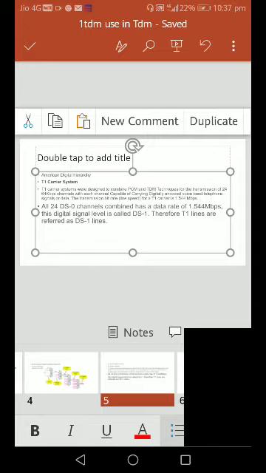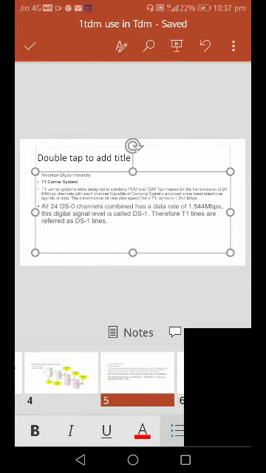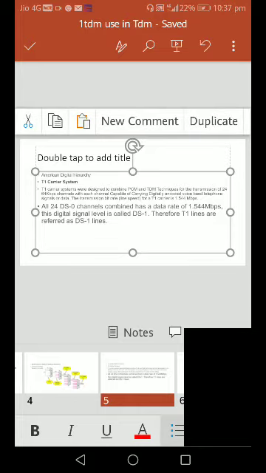The transmission bit rate, or line speed, of a T1 carrier is 1.544 megabits per second.